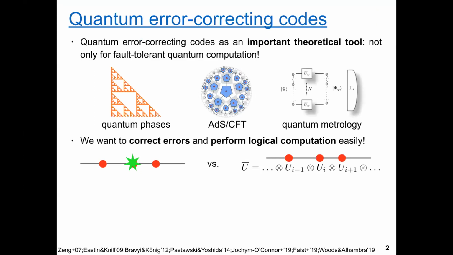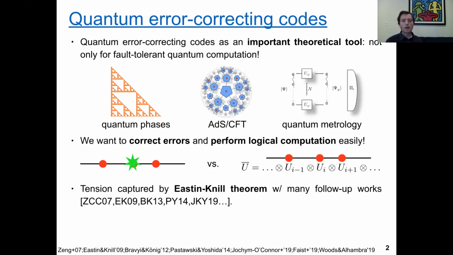When we want to build a quantum computer, we want to protect quantum information from errors, but at the same time, we want to be able to perform logical computation quite easily and in a fault-tolerant way. However, there is a tension because if our codes allow us to correct errors, they may not necessarily allow for a simple implementation of logical gates by transversal operations, transversal unitaries.